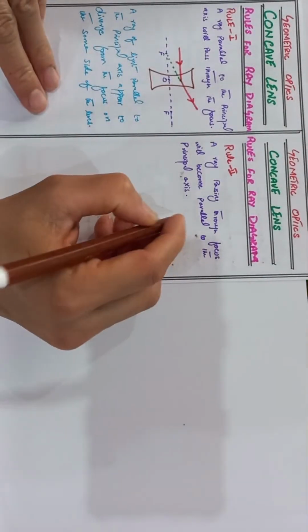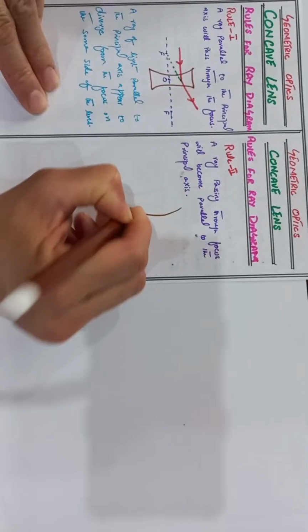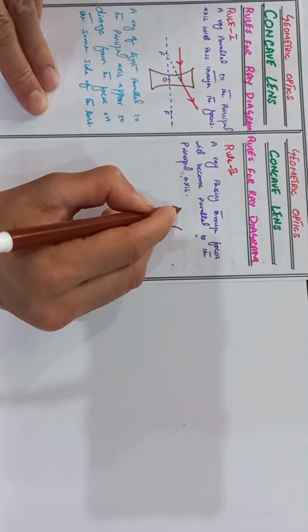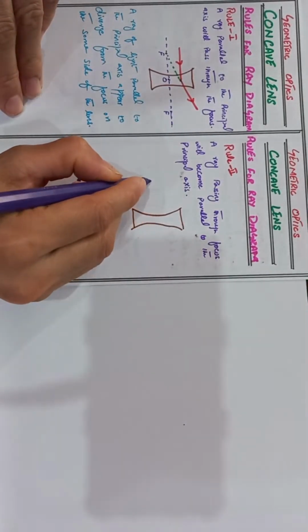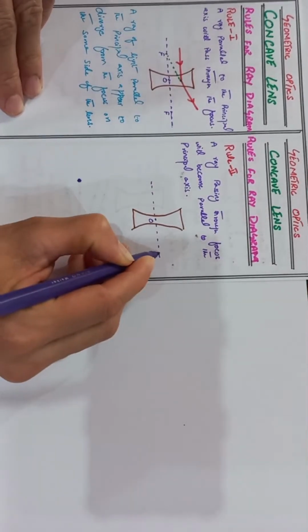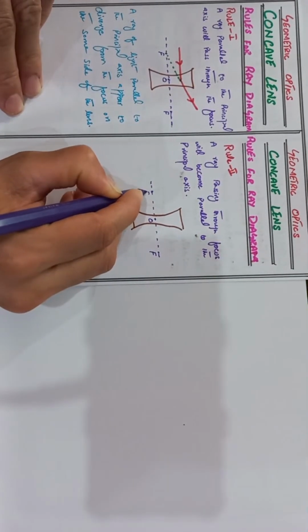So here we draw the concave mirror. Principal axis that passes from the center of the concave lens and the focus of the concave lens. Now we take the ray that looks like it is passing through the focus of the concave mirror.